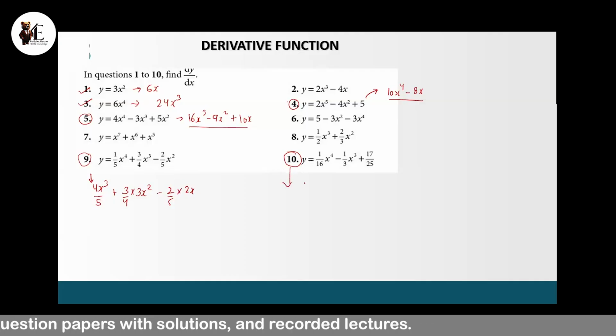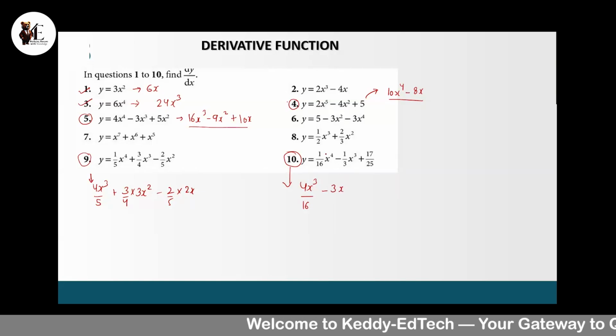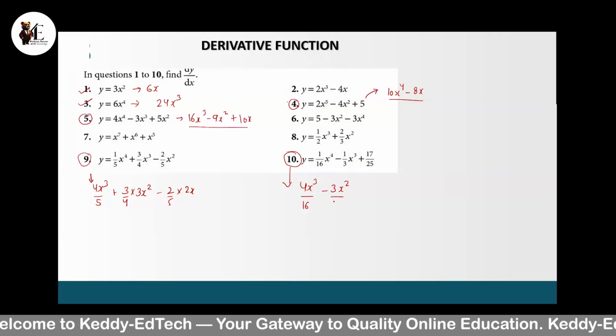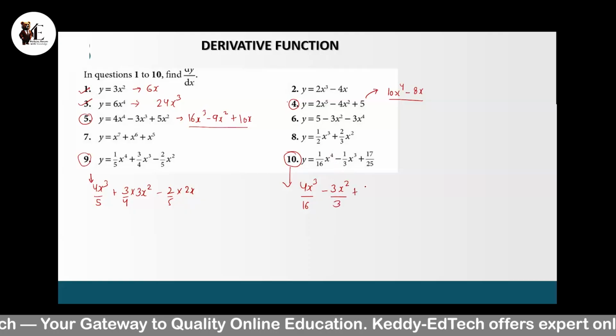I got 1/16 times 4x squared, cubed, minus 1/3 times 3x cubed. 3x cubed or 3x squared? Squared. Okay. Plus 17 over 25.